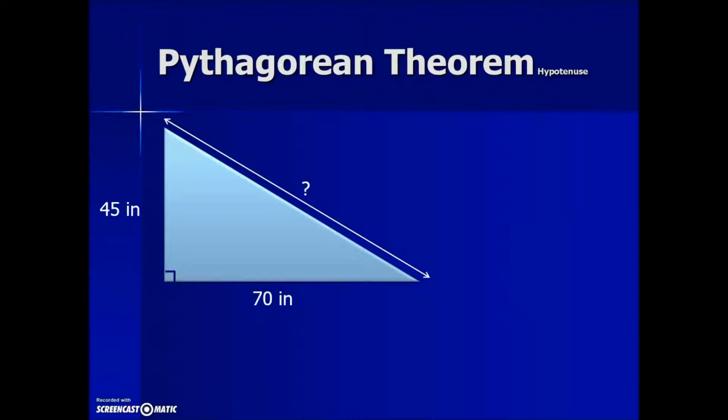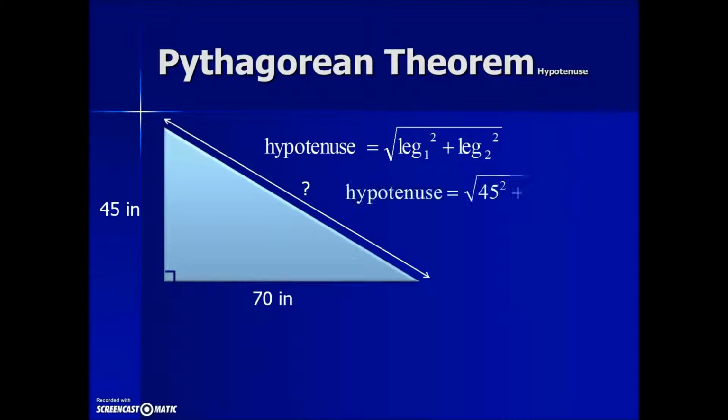Using that arrangement of the Pythagorean theorem, we will take each of those leg lengths, the sides that make up the right angle, and square each of those, 45 times 45, 70 times 70.